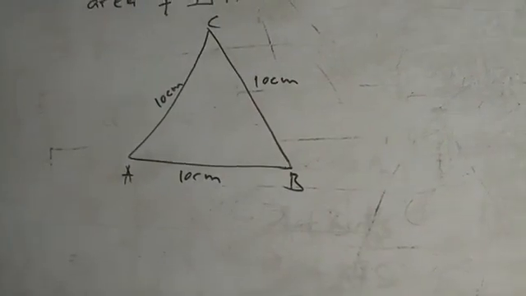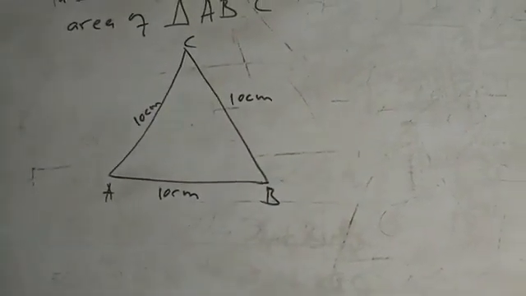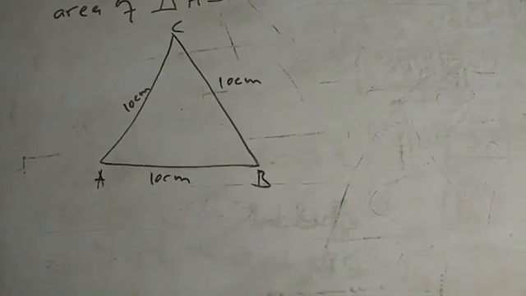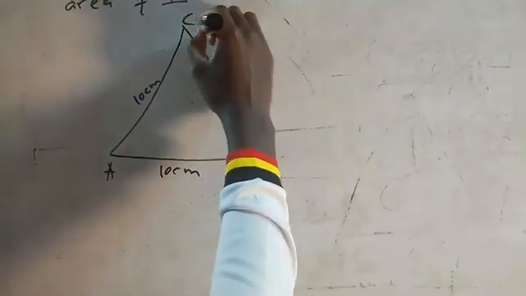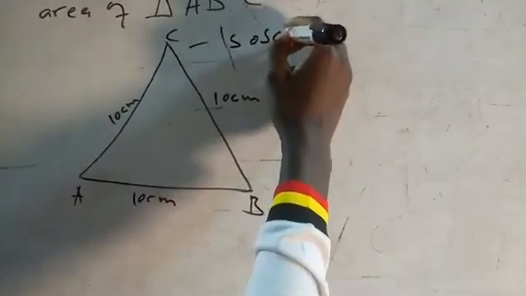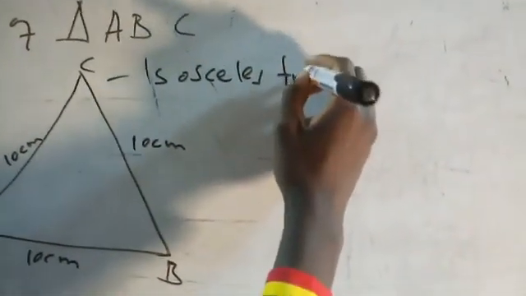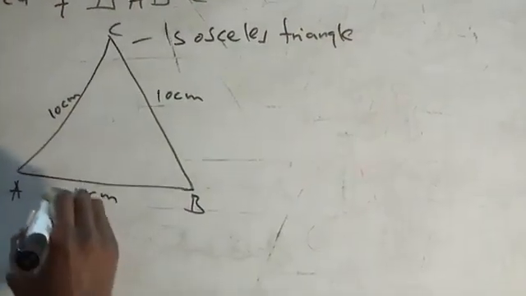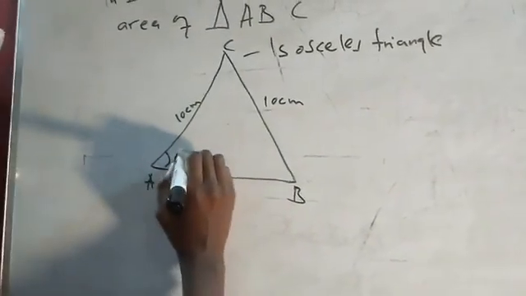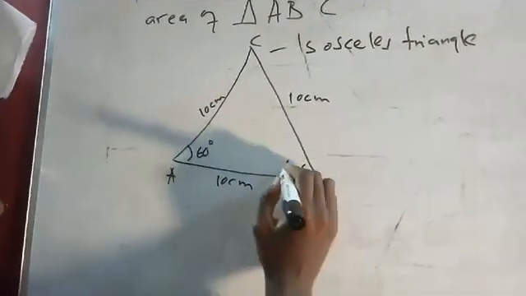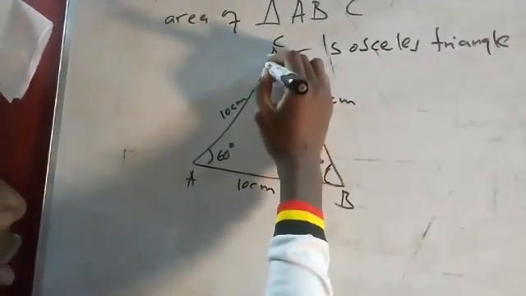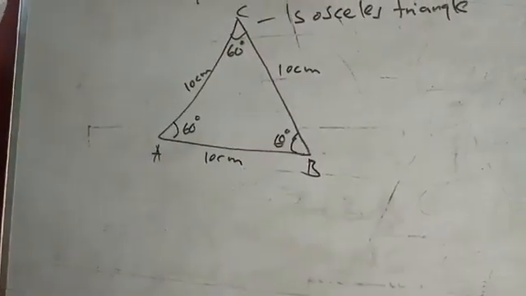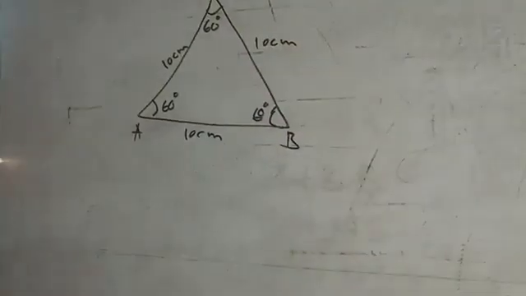And a triangle whose sides are equal is called an equilateral triangle, meaning that its angles are 60 degrees, because sides are the same, so angles will be 60 degrees.